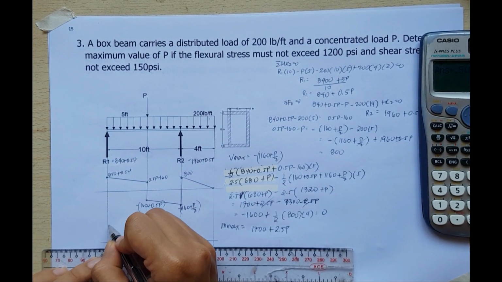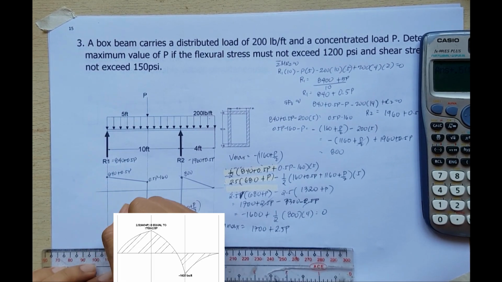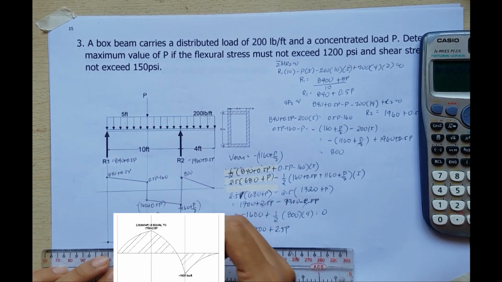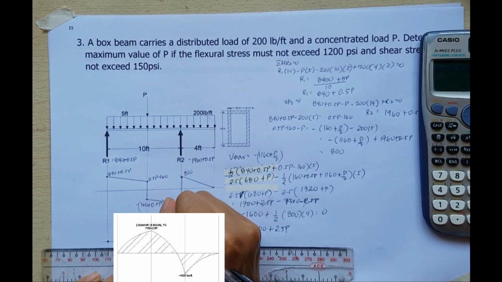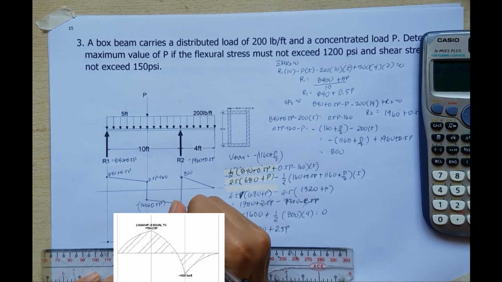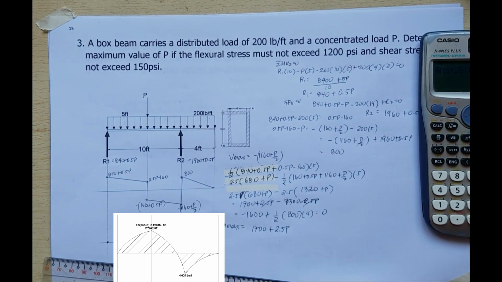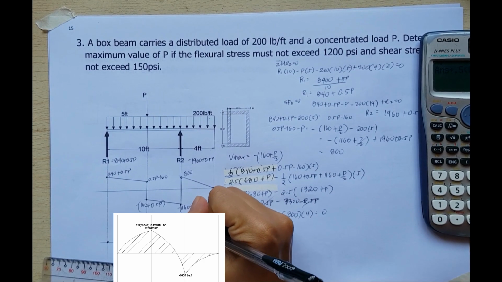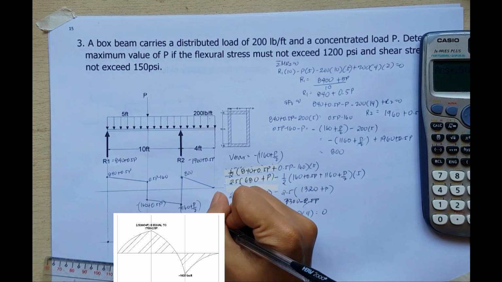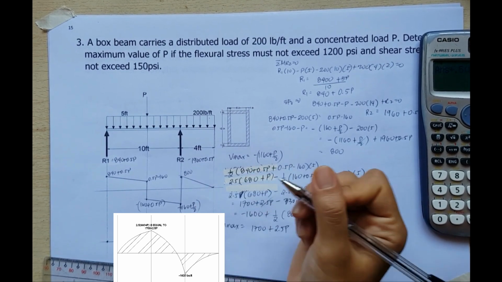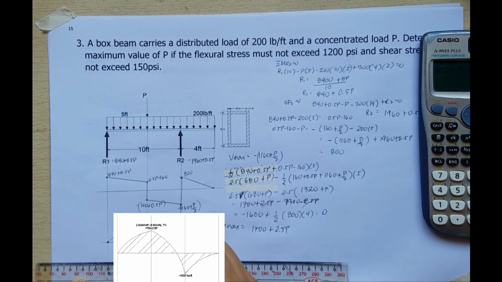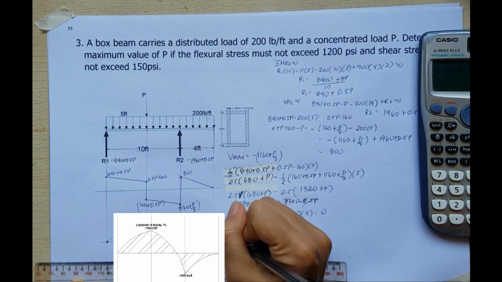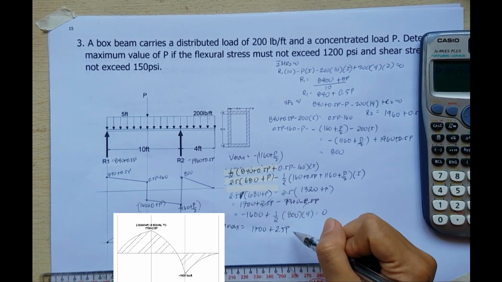So we have here 2.5, 0, and then we have here 2.5 of 680 plus P, tama? So ang maximum is 1,700 plus 2.5P.